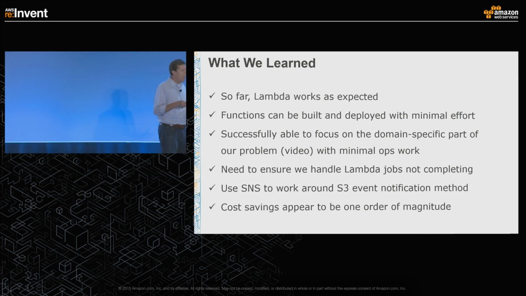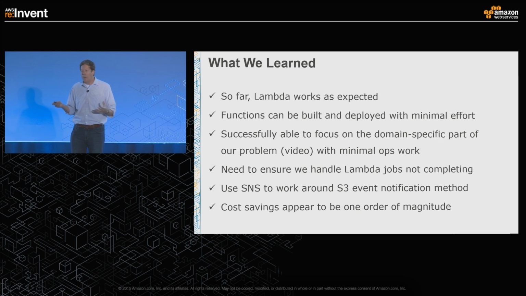So probably the single greatest takeaway is that Lambda was very easy to use and really worked as expected. We spent almost no time working on the Lambda part of this new architecture. Everything was written in JavaScript. It looks just like you're writing a small Node application.